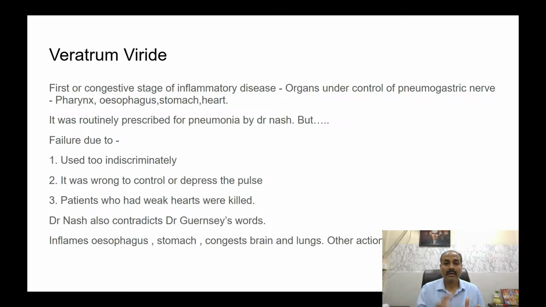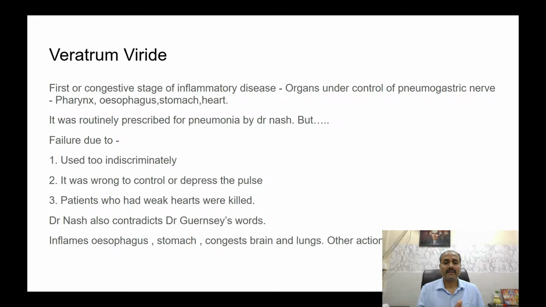Third was that patients who had weak hearts were killed. So he found that all these three observations, two of them especially were negative, and the third one was that patients who had weak heart, those who were already in congestive cardiac failure, this is the term we have now, or those who had weak hearts, pulse was very weak, something like digitalis, and he goes on to compare digitalis also with Veratrum viride.